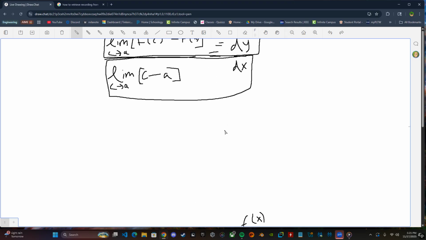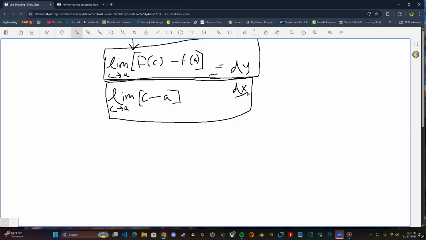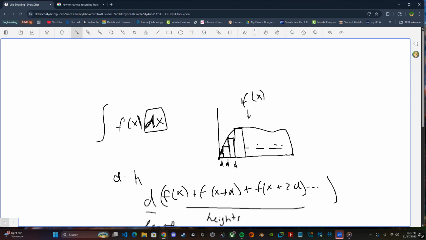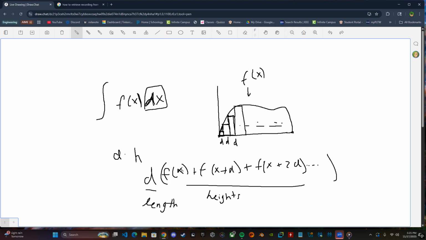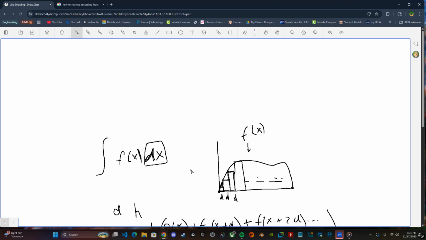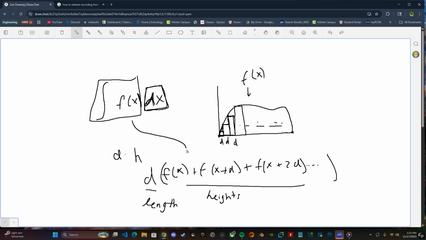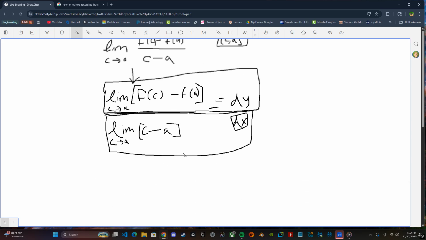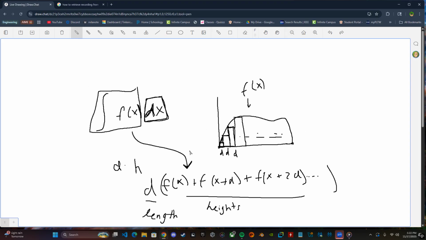You make the difference in x infinitesimally small. So you look at the difference in x when it's getting infinitesimally small, and that's your length. And then the height is just all of these. So the way I like to think of this is you're multiplying all of the lengths, so that's dx, times this thing, and I think of this thing in terms of limits, the way that we thought about it for dx with infinitesimally small intervals.